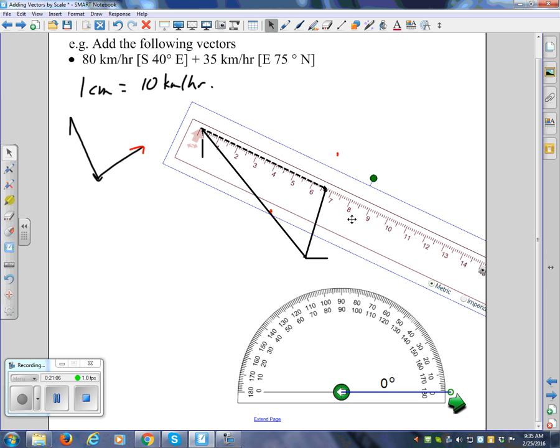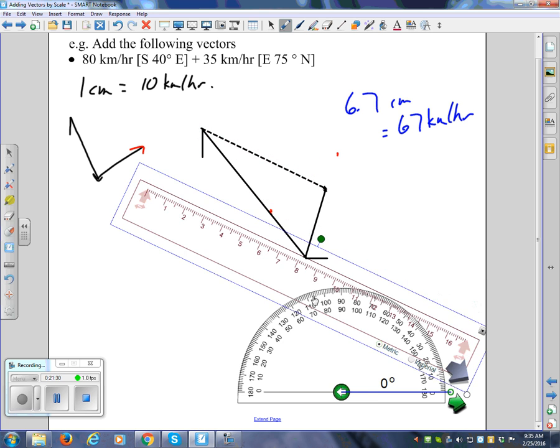I'm going to say 6.7. I got 6.6. Again, plus or minus 3. 6.7 centimeters, so that's going to be equivalent to 67 kilometers per hour. Put the proper units.